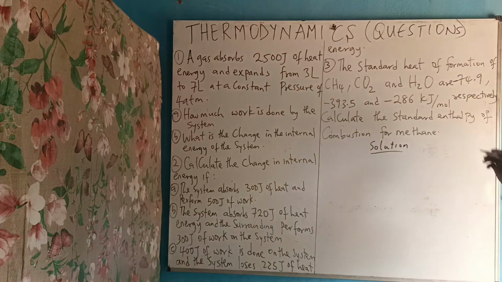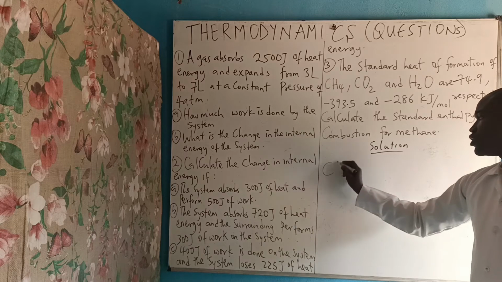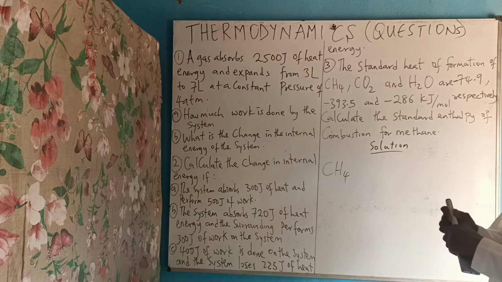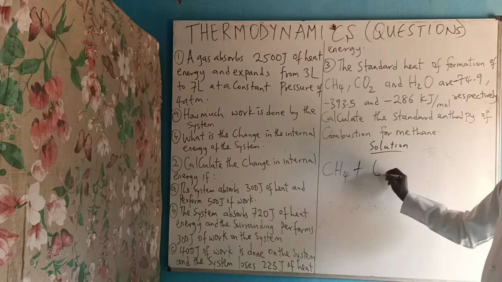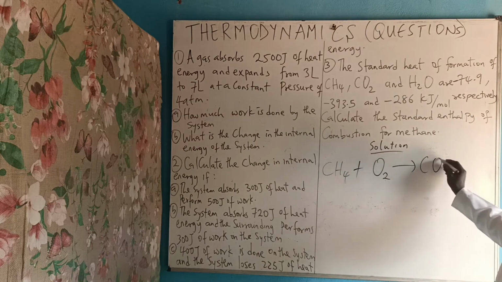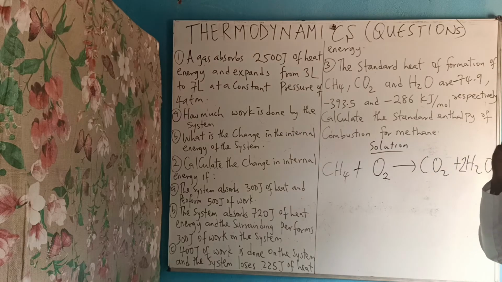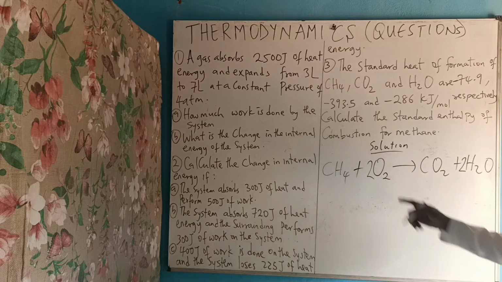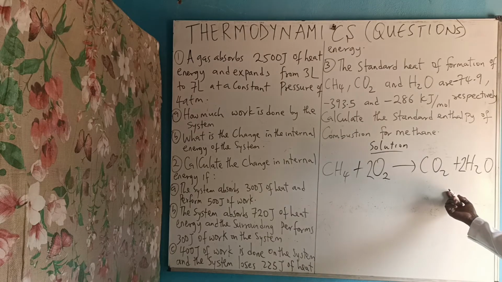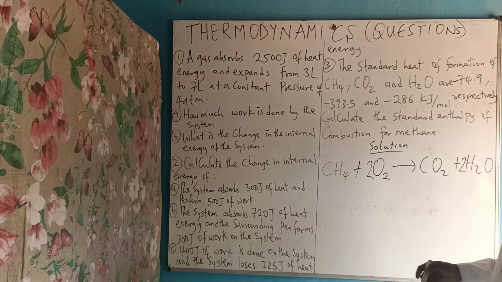And so that means I have to write the combustion reaction of methane, which goes this way: methane plus oxygen to give me CO2 plus water. This is 4, so we put 2 here, and we put 2 here. We have balanced the equation. Yes, this is the balanced equation of the combustion of methane.